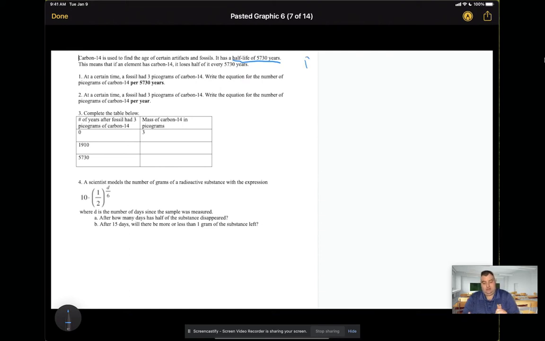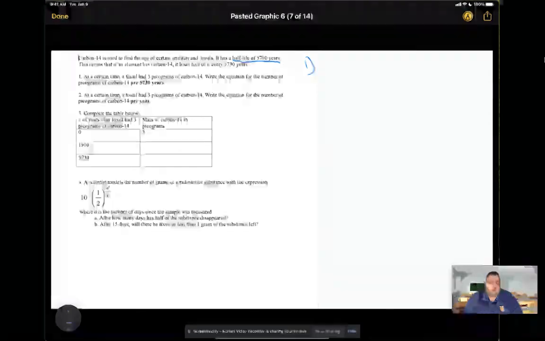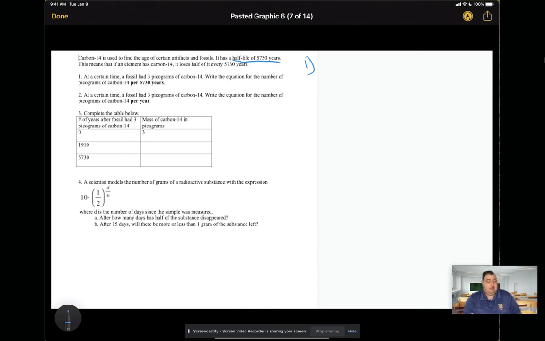Number 1. At a certain time, a fossil has 3 picograms of carbon-14. Write the equation for the number of picograms of carbon-14 per 5,730 years.